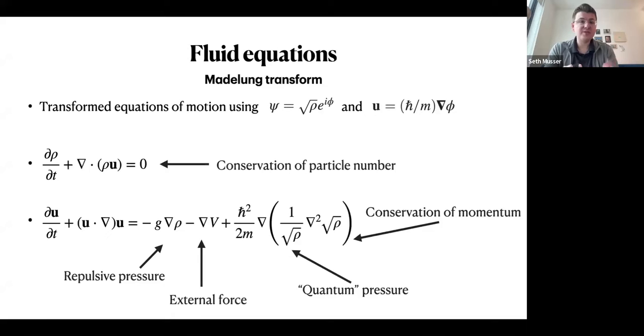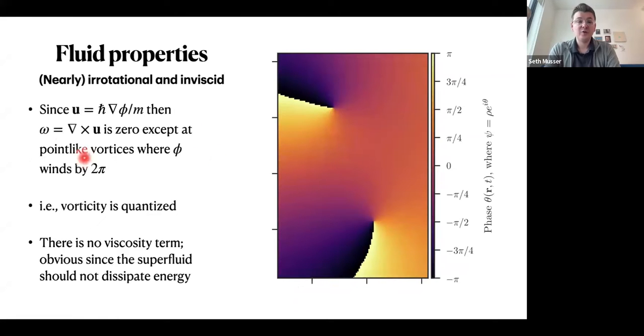But there's a very special property here that I want to highlight, which is that because u is the gradient of phi, where phi is this angle, the phase of our superfluid wave function, this means that the vorticity, the curl of u, is 0 almost everywhere.